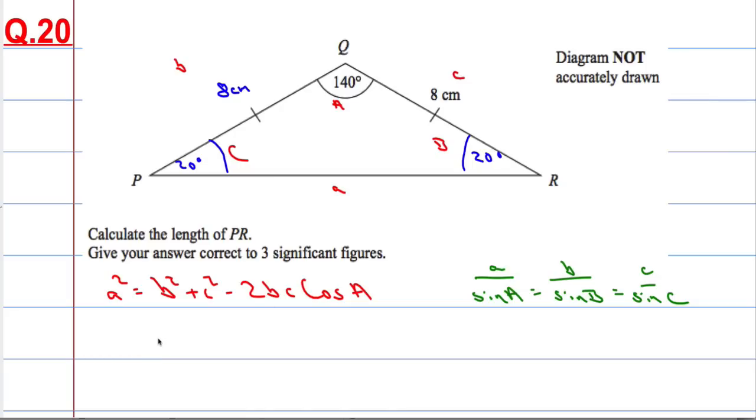So A over sine of 140 should equal B, which is 8, over sine of 20.